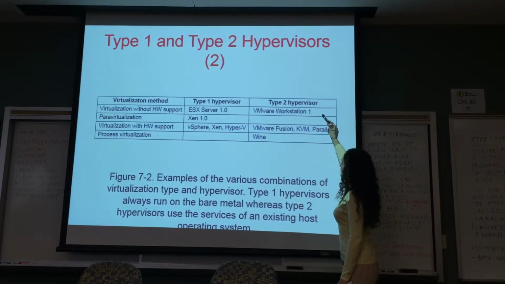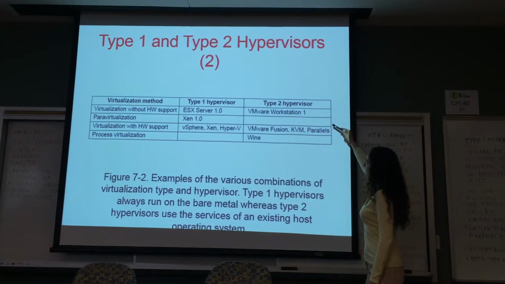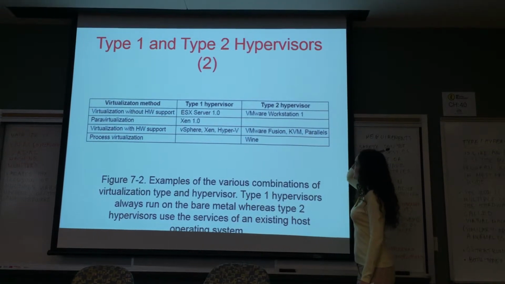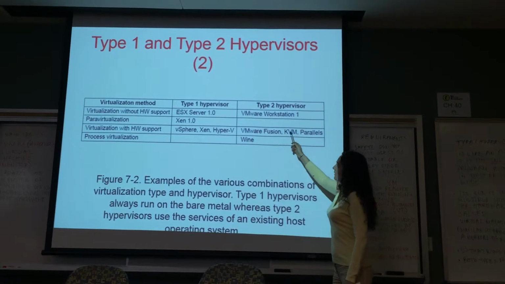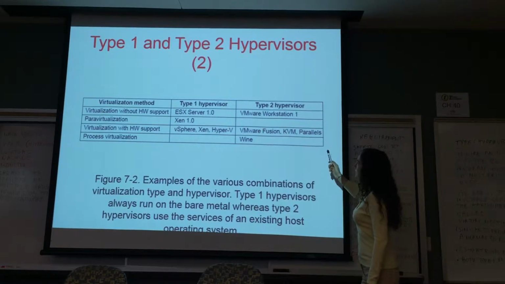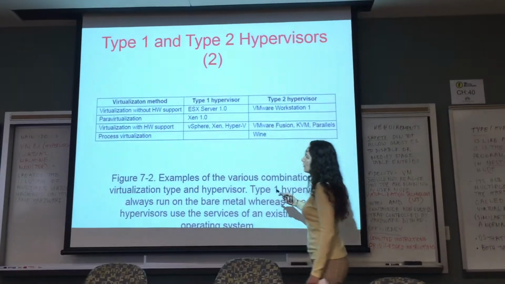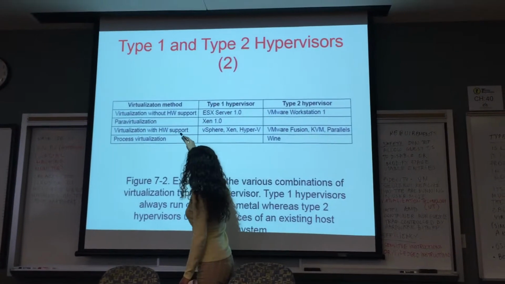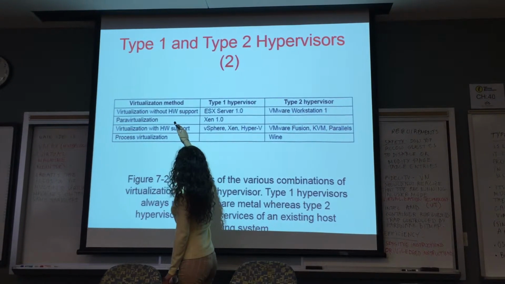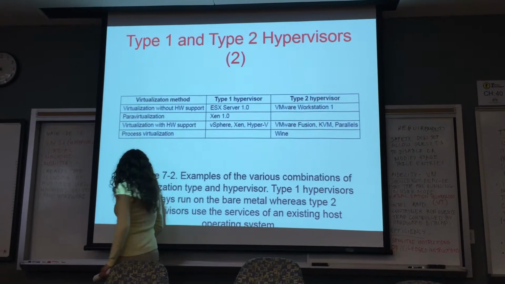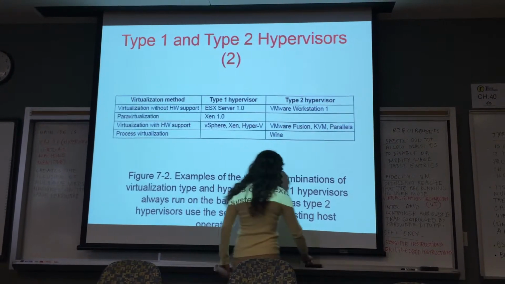Type 2 is the popular VMware. The first version was called VMware Workstation. Now we also have VMware Fusion and others. Now there is a category here called paravirtualization. So I'm going to explain what that is.